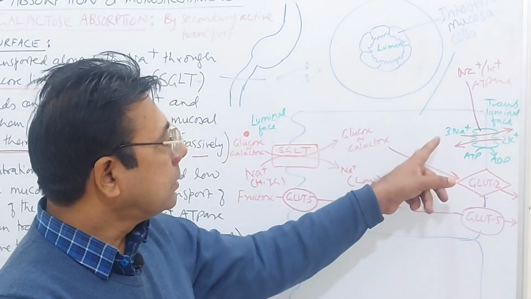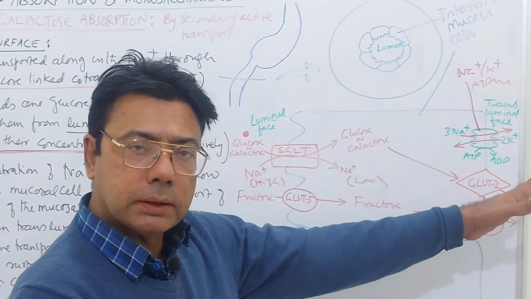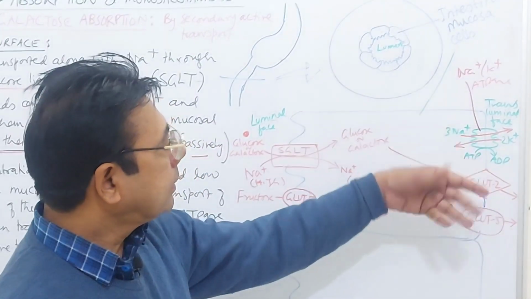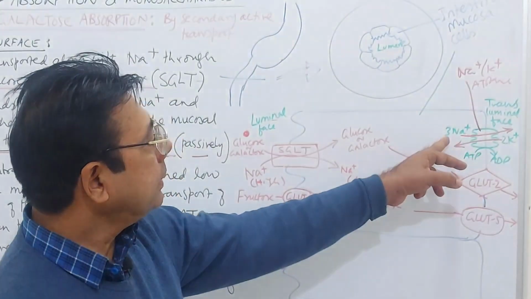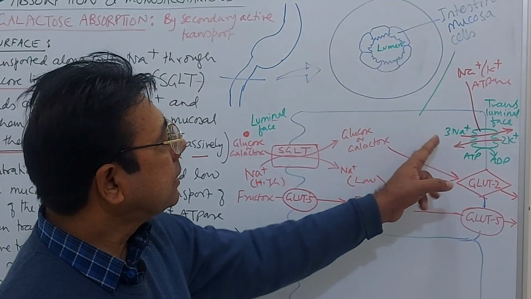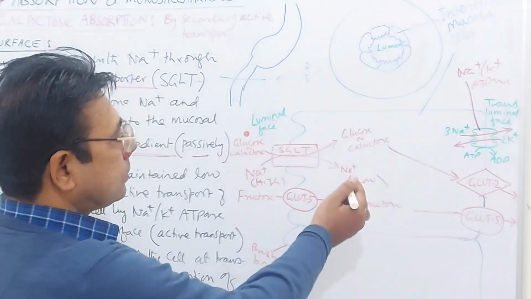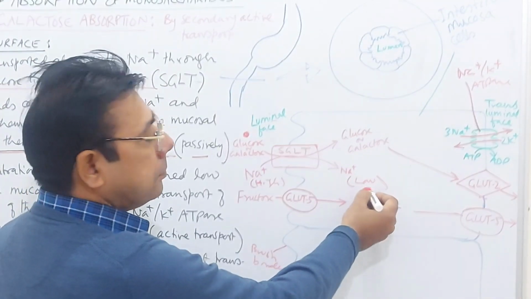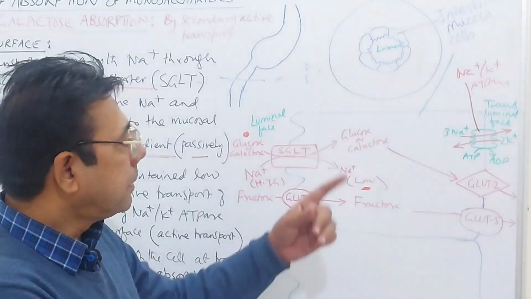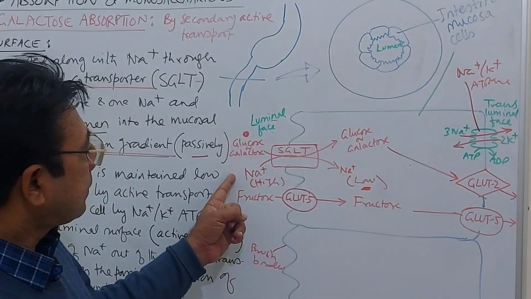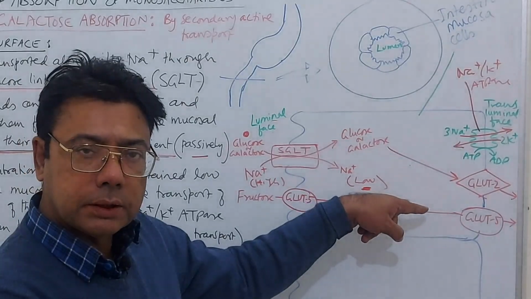So it transports sodium out of the mucosal cell and brings potassium into the mucosal cell. So when it does so, what is it doing? It is taking sodium away from the mucosal cell. So that causes the sodium concentration to become low, and because sodium concentration is low, sodium rushes in from here down its concentration gradient.